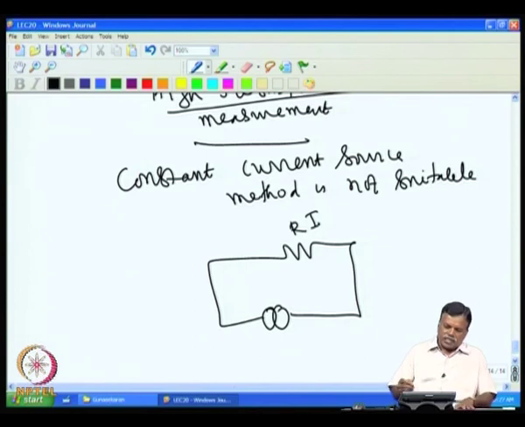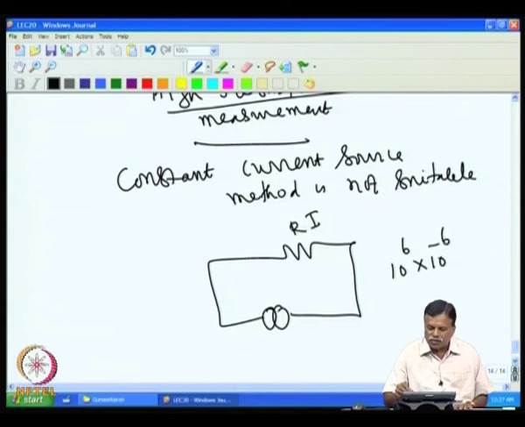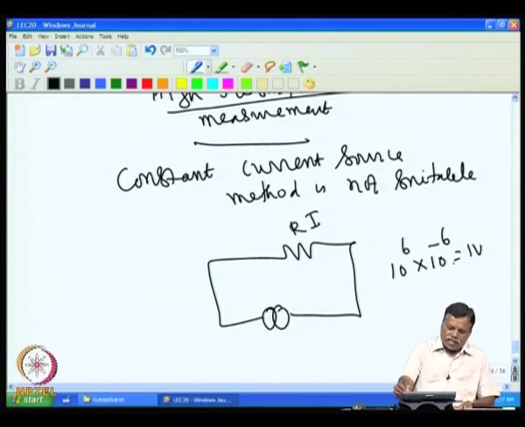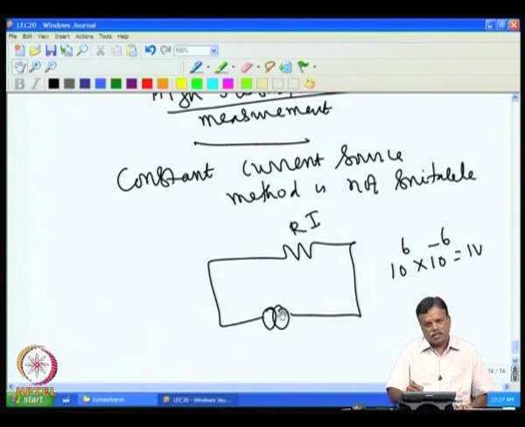Per 1 megohm resistance, if I take 10 power 6 into a current of 1 microamp, then you will get 1 volt. So, if the resistance is 100 megohm, and I keep 1 microampere, I need 100 volt. That means I should make a constant current source here which has 100 volt capacity. So, it is not possible to get that kind of voltage rating in the normal current sources.